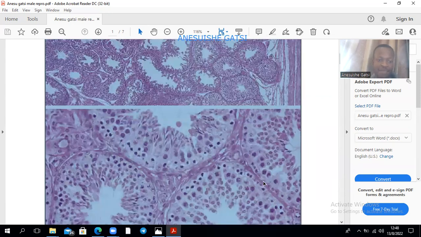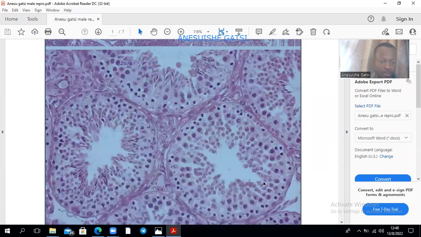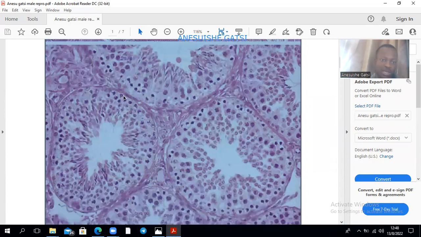This is higher magnification. The basal cells there, those are your spermatogonia. Then these ones, which are here now, those are your spermatids.